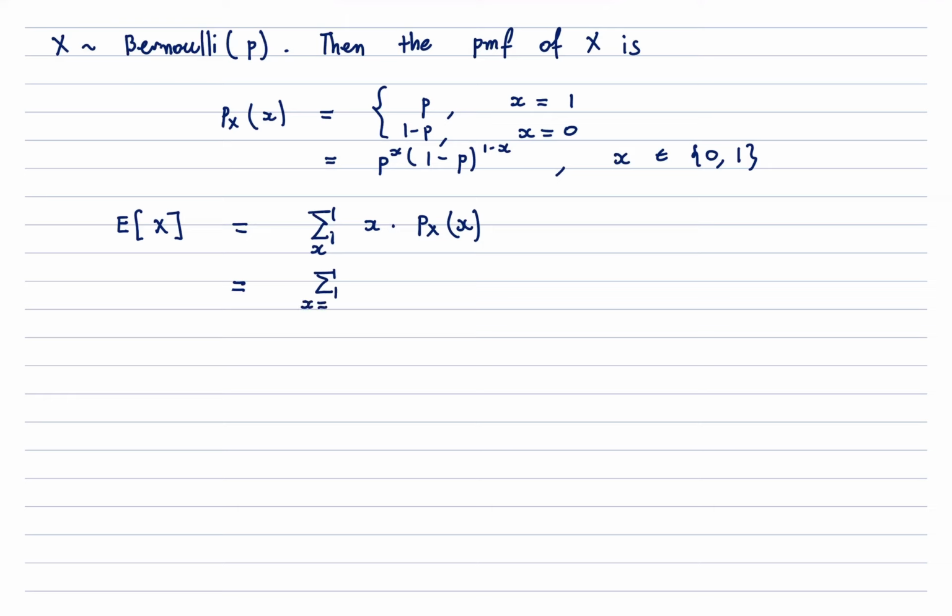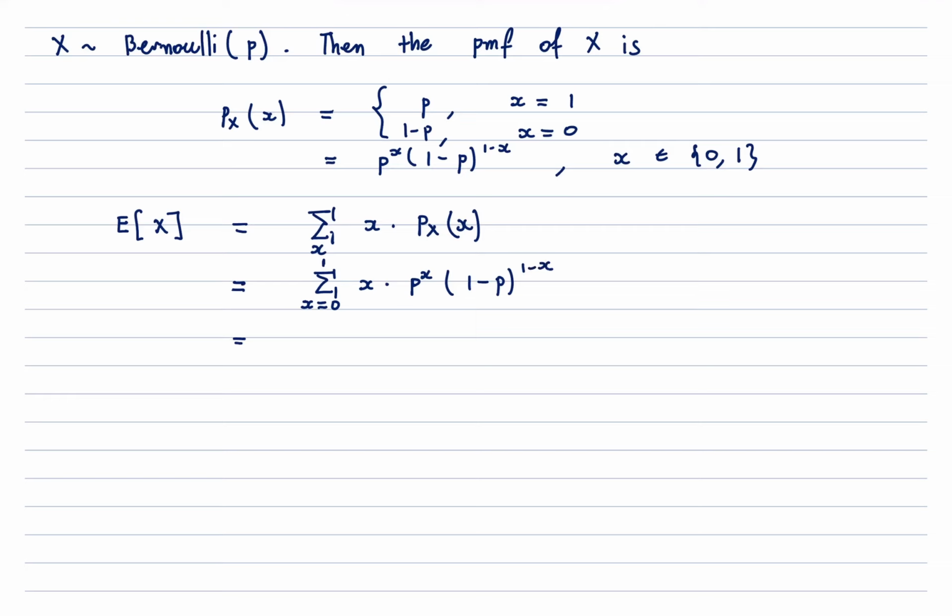It's from x equals 0 to 1. So that becomes the terminals of our summation. Then we've still got our x times, and now I'm going to stick in my PMF in the expression here, and that becomes p to the x, 1 minus p to the 1 minus x.